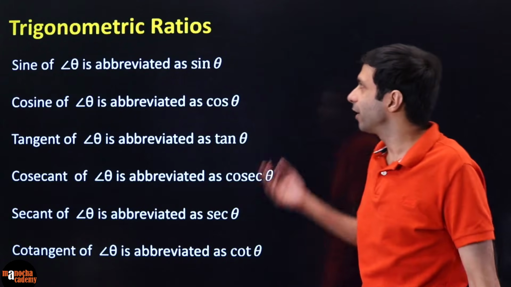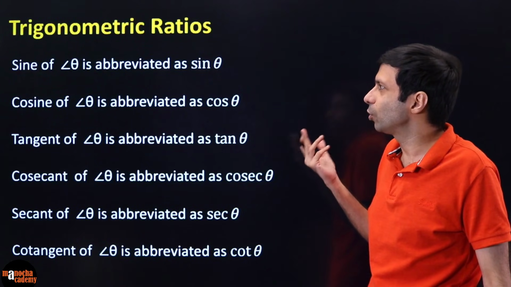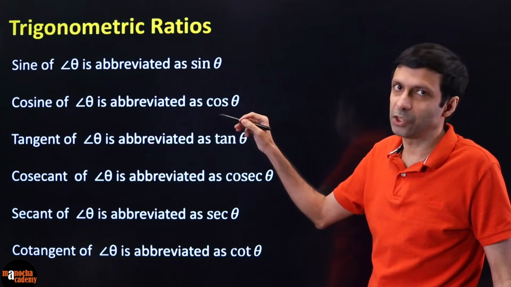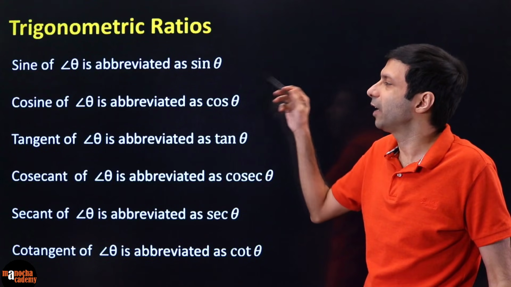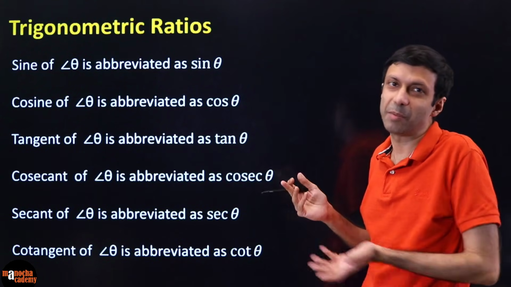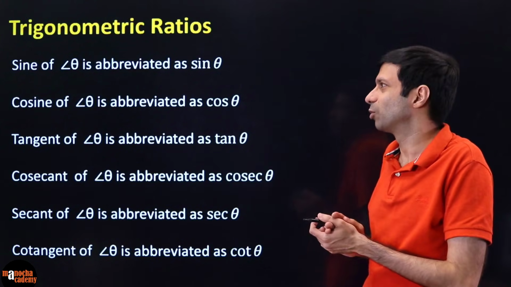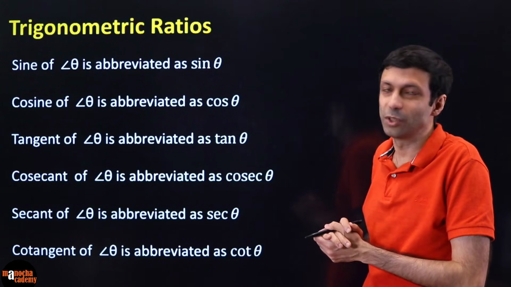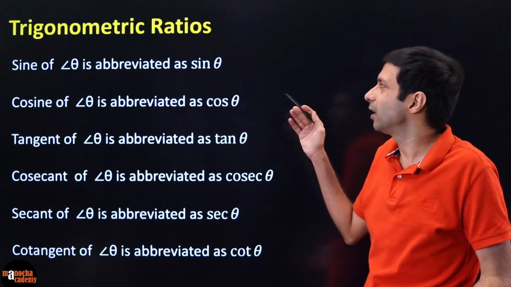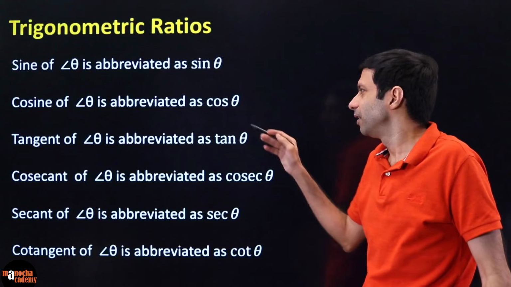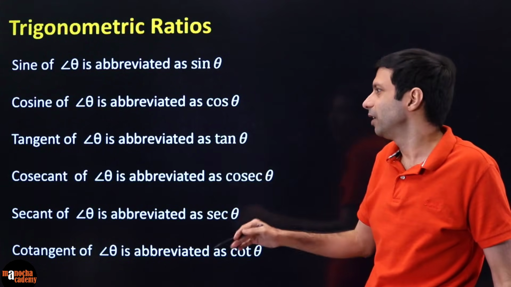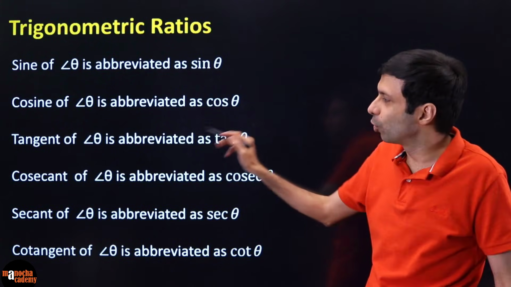Now, some of you are wondering why these names sine theta, cos theta, what do they mean? So they are abbreviations, right? So it is called sine of theta. Why these names came about, you guys can look at the history. I also don't know the origin of these names. Sine theta, then you have cosine. Tan theta is called tangent, right? Cosec stands for cosecant.